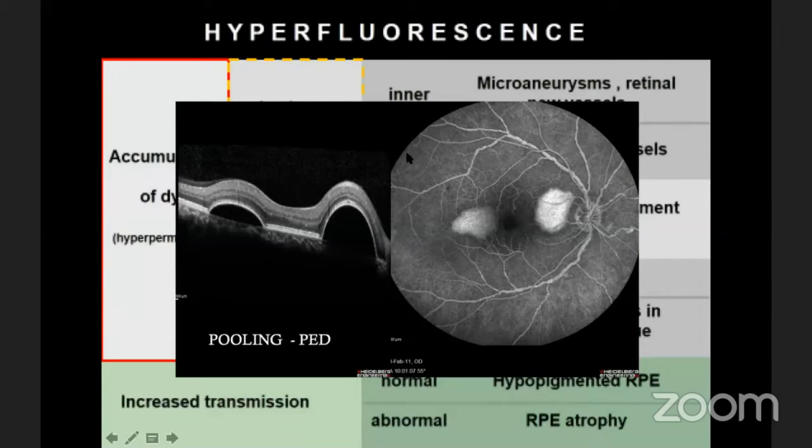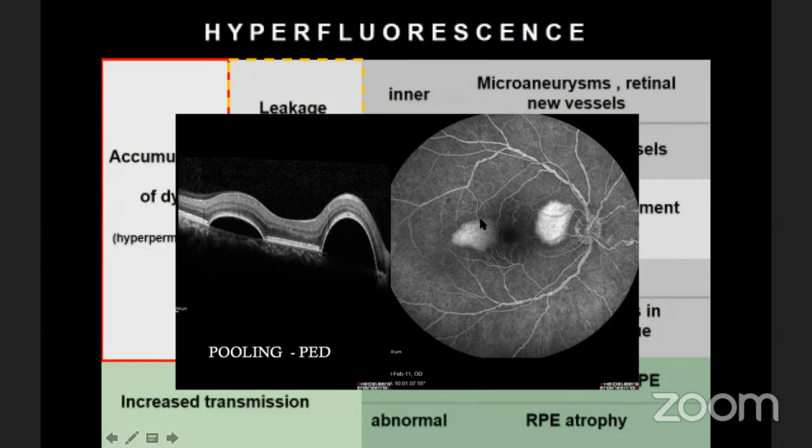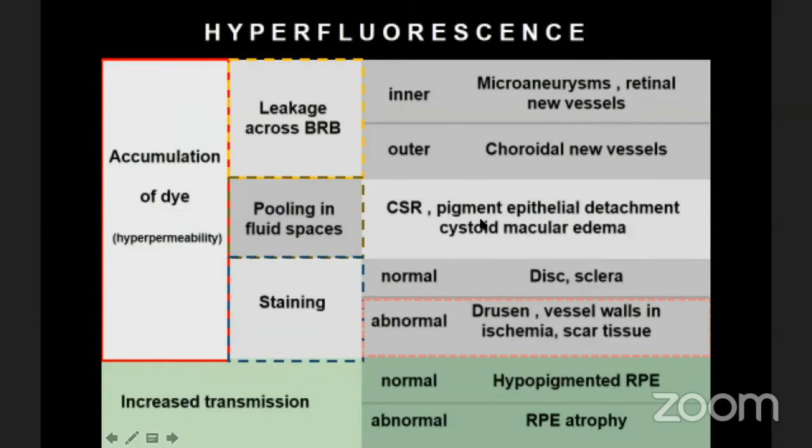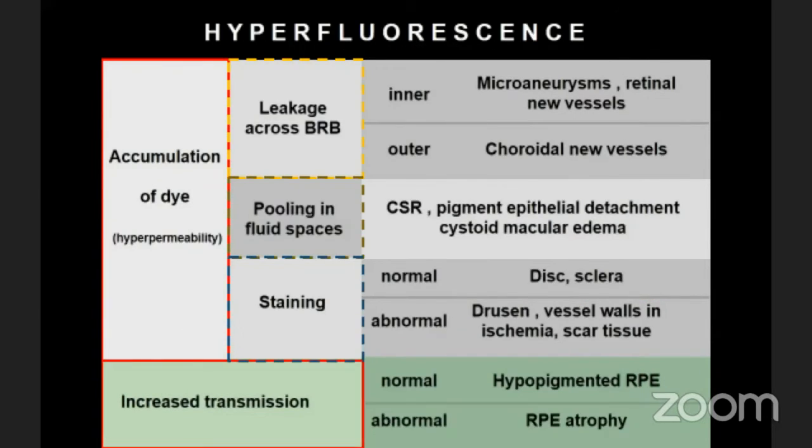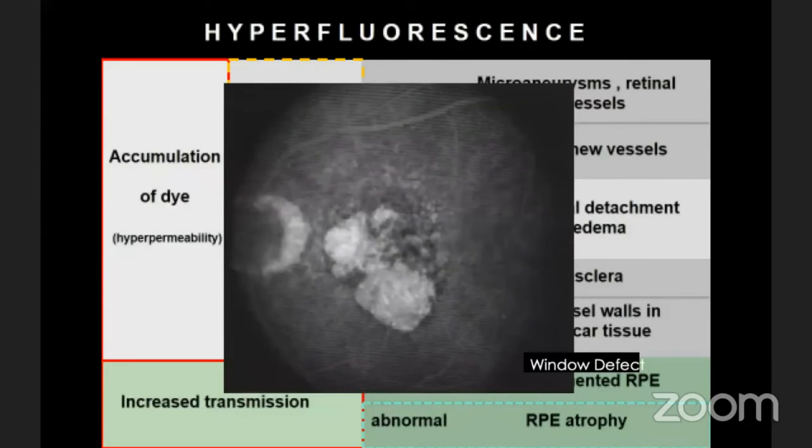Staining occurs in cases of abnormal drusen or in cases of scar tissue. We see staining due to scar marks, and increased transmission as occurs in geographic atrophy.